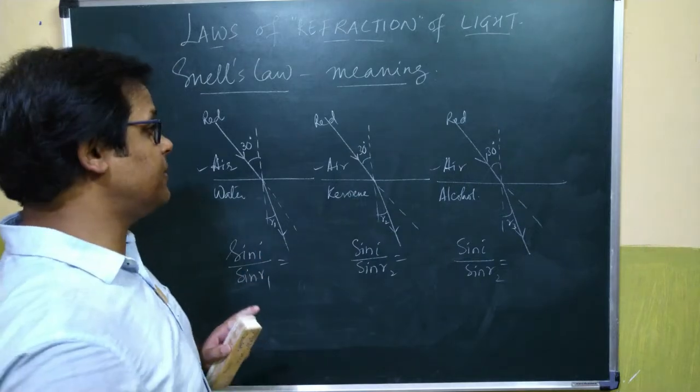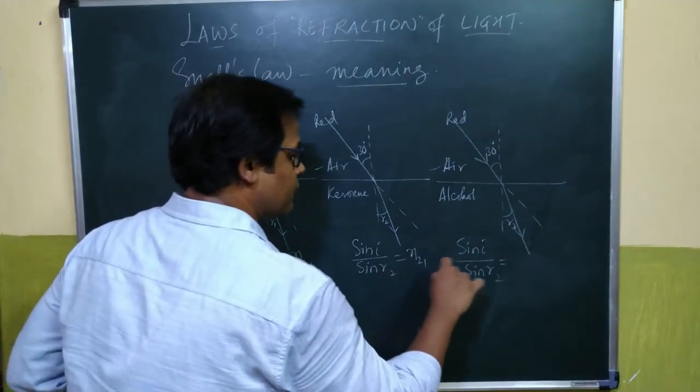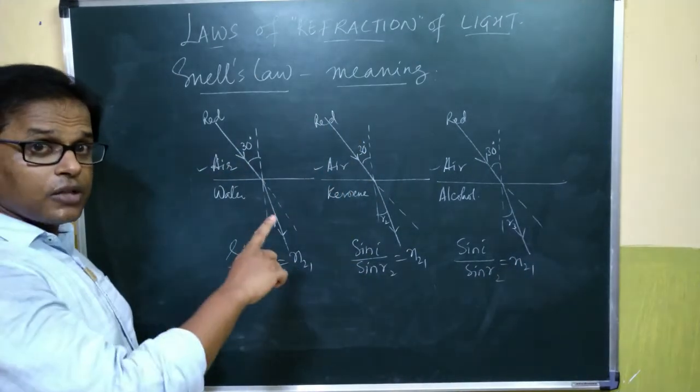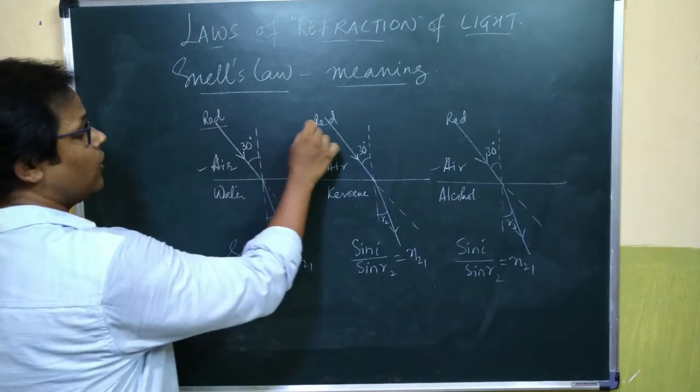But at the same time it says that this constant, what we call the refractive index of the second media with respect to the first, will be constant. That it also depends upon the other factor, that is called the color of light.